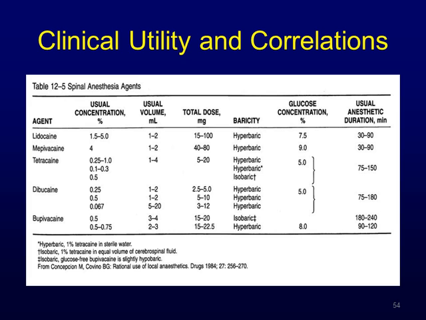Now, in a spinal anesthetic, what's your typical volume? 2 cc's. Okay? The customary use and the baricity is right here. That should tell you when you inject it where it goes. And you can look at the durations and get a relative comparison. That's all I want you to do there.